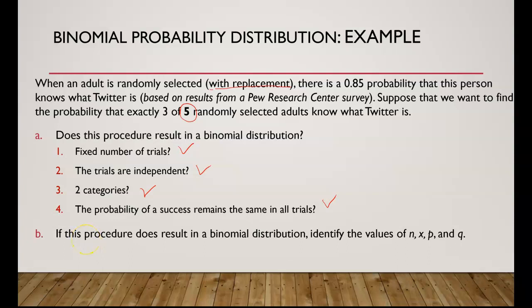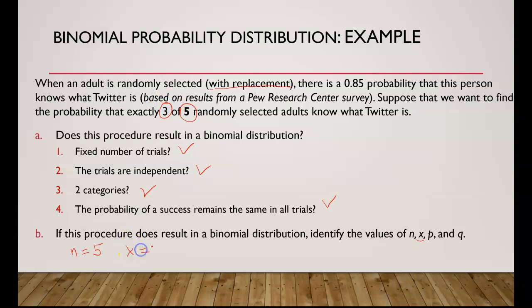Therefore, this procedure does result in a binomial distribution. Now identify the values of n, x, p, and q. n is the total number of trials. In this case, it would be 5 randomly selected adults. x is the number of successes. In this case, it would be 3 adults that said they do know what Twitter is.